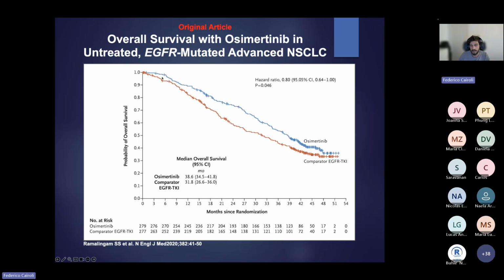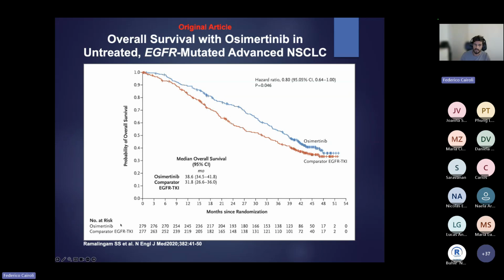What is censoring? Basically, until this point, we have information on one specific patient, but then we lost this patient. We don't know if this patient is going to be alive across time or not, but we just have information for this patient until this point. So we are going to use this information. We are not going to lose it, but we are going to censor this patient.